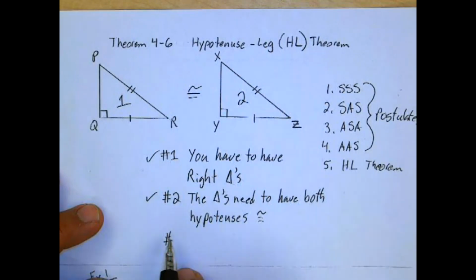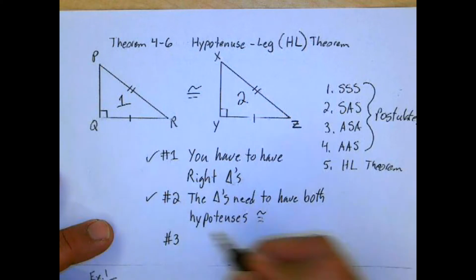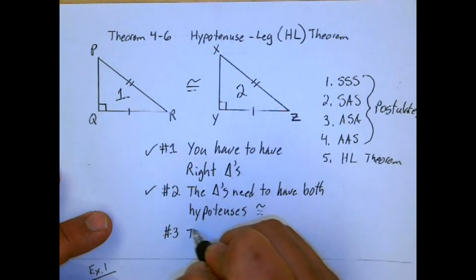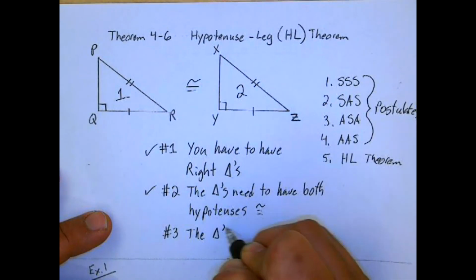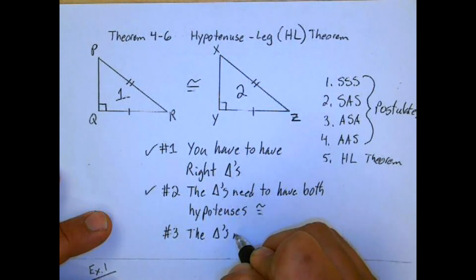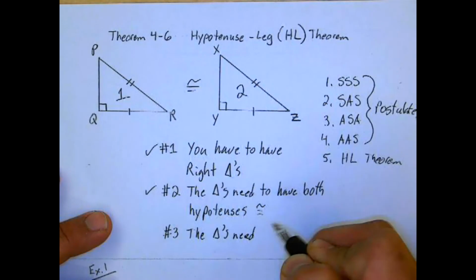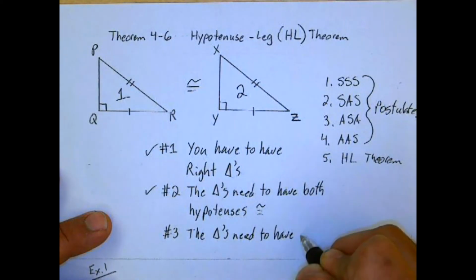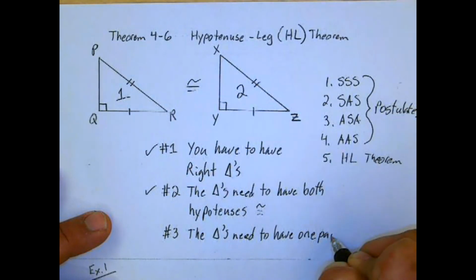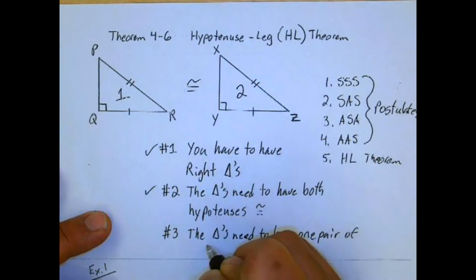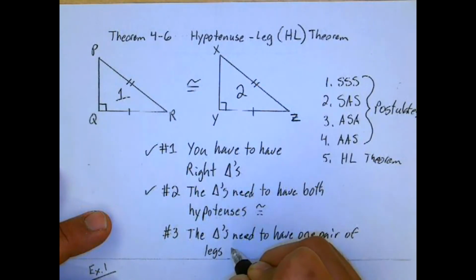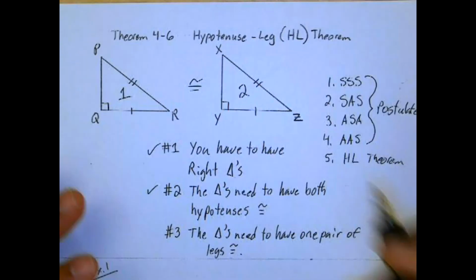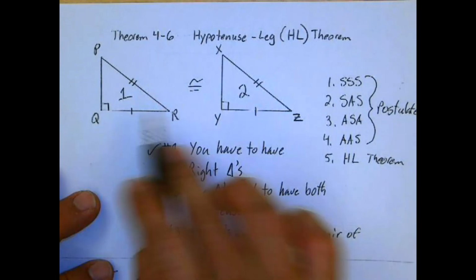Okay? And the last thing you got to look for, which is number 3, is the fact that the triangles need to have one pair of legs congruent. Okay? So what exactly is a leg in a right triangle?